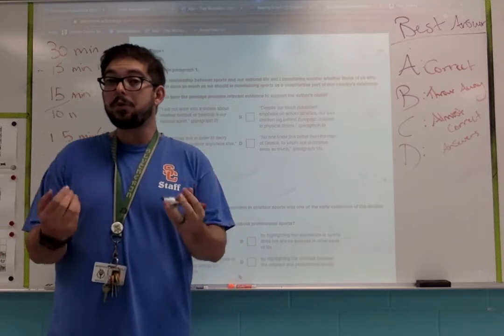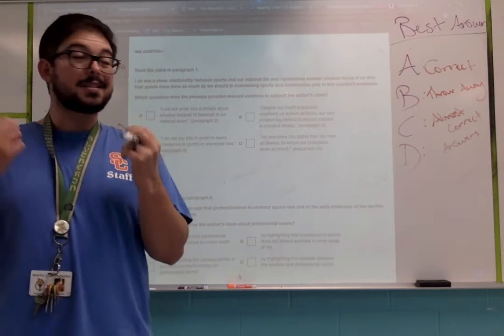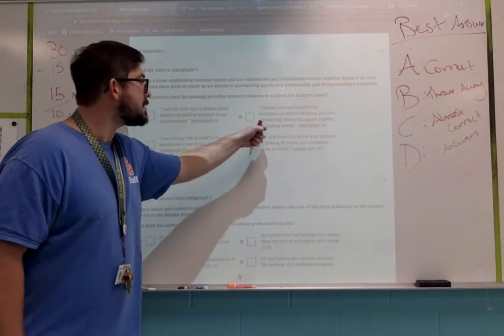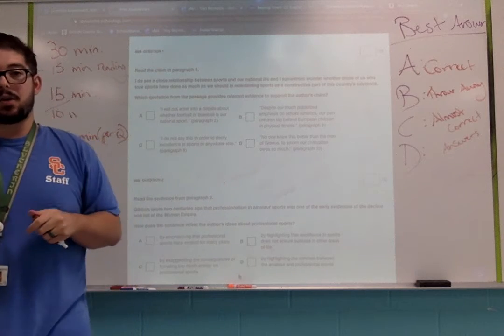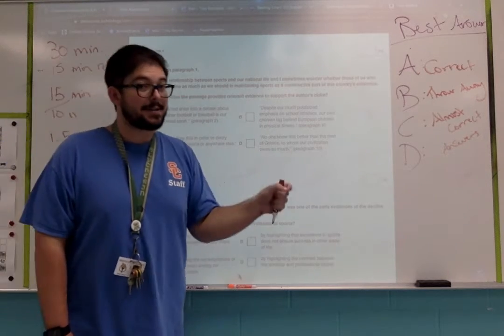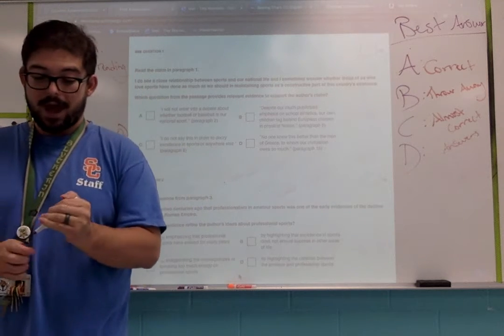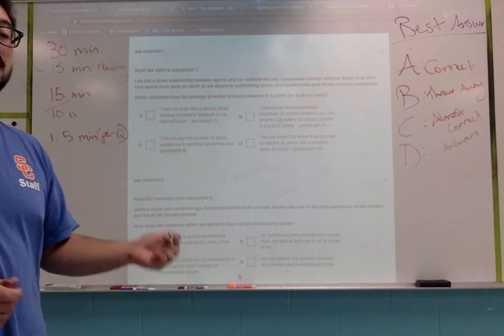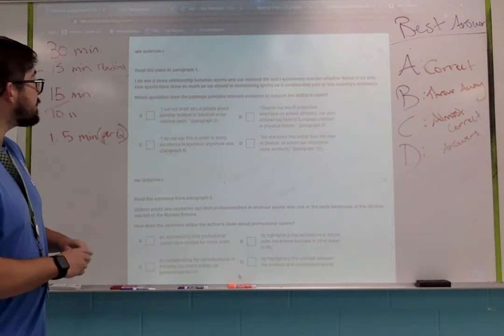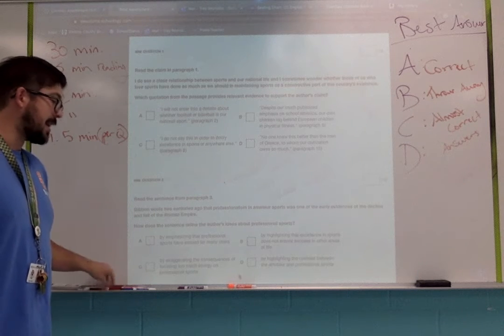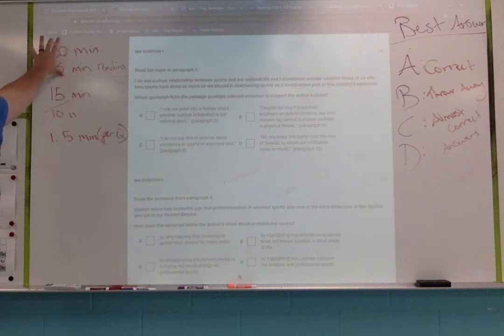That gives you a full minute of time just to sit there and think which of these actually answers the question itself, which one is the best answer for the question. Now this can change every once in a while with how many questions you have, depending on the reading and things like that. And usually they give you about 2.5 hours for the state test, so they give you way more time than this.